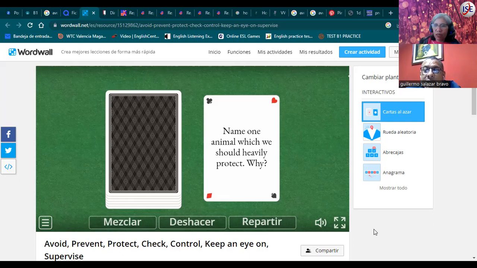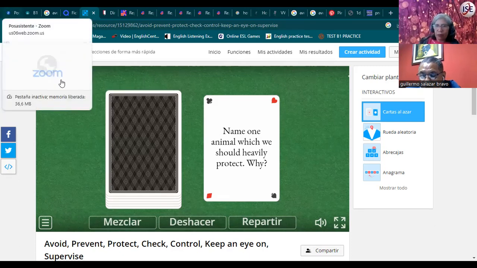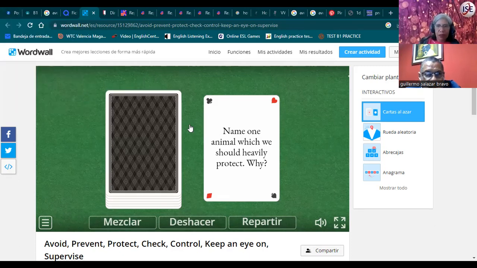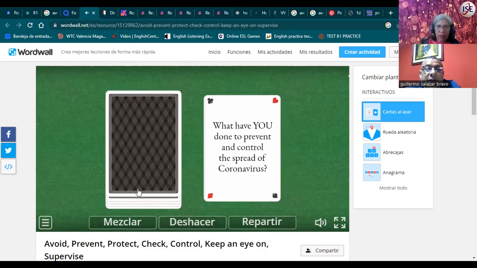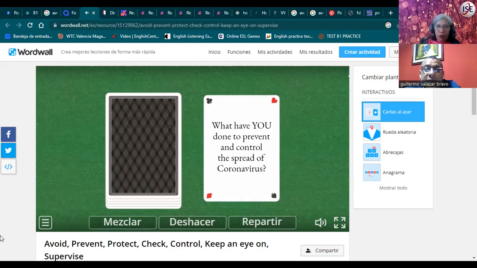Why should we protect the polar bear? Because the ice caps are melting.